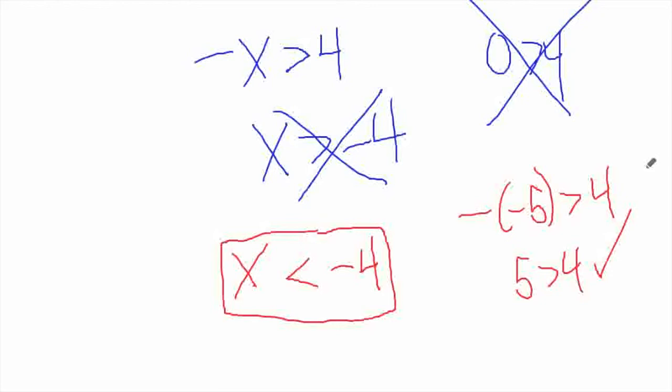Okay, now multivariable forms. In other words, what if you had more than one variable in an equation? Well, that's nothing to get worried about. You just treat the other variables the same way you would numbers. For example, suppose I told you to solve for x.